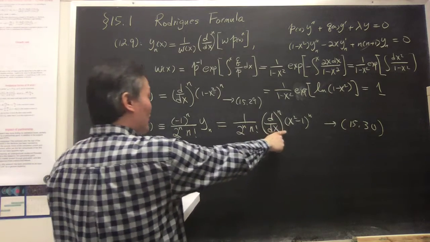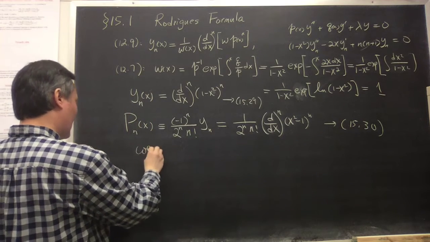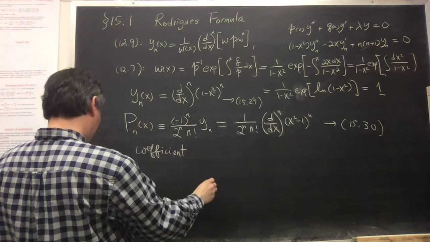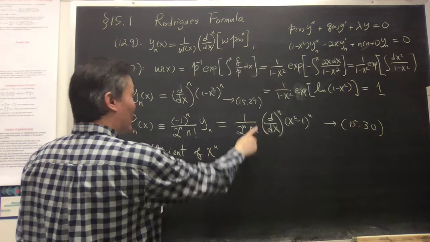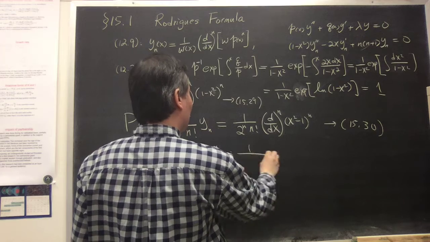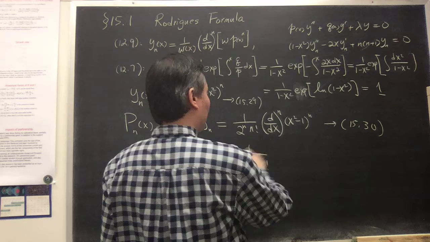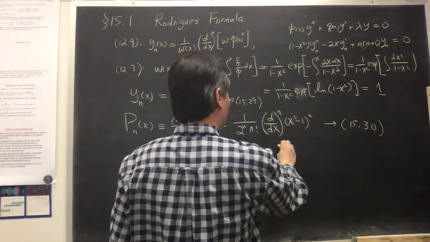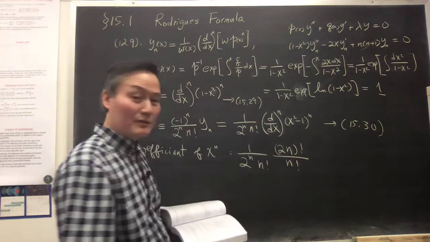So the coefficient of x^n in this is given by just taking the nth derivative of x to the 2n. So with this same coefficient in front, and then taking the nth derivative of x to the 2n, you have 2n factorial divided by n factorial.